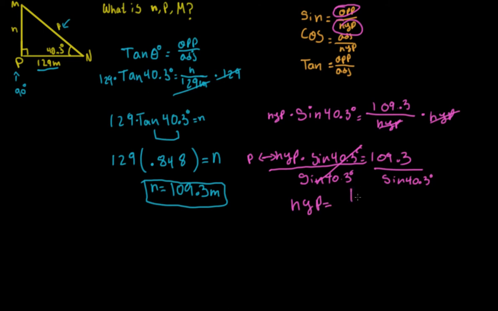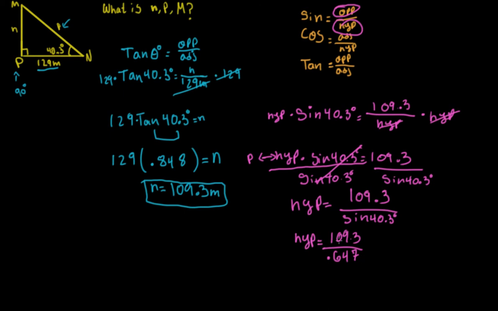So now I have the hypotenuse equal to 109.3 divided by sine of 40.3 degrees. So I'm gonna use the calculator again. Sine of 40.3 is approximately, I'm gonna use three significant figures, 0.647.